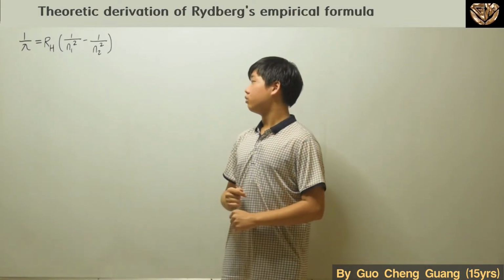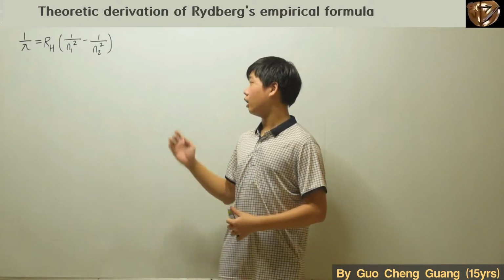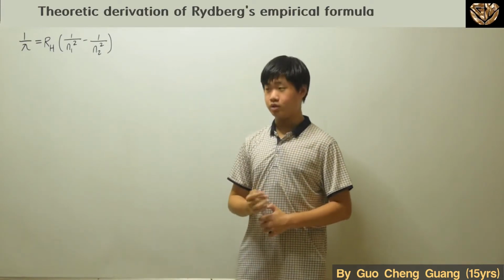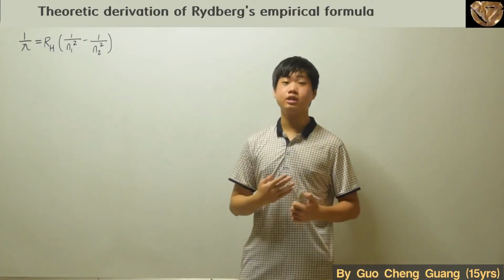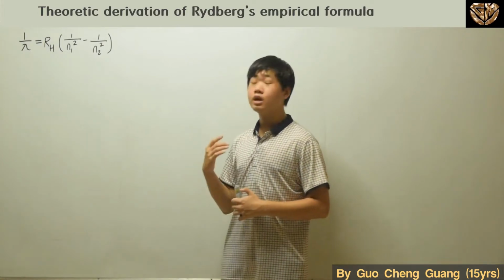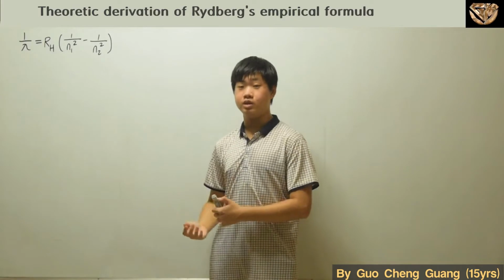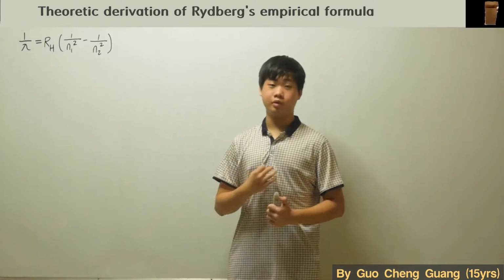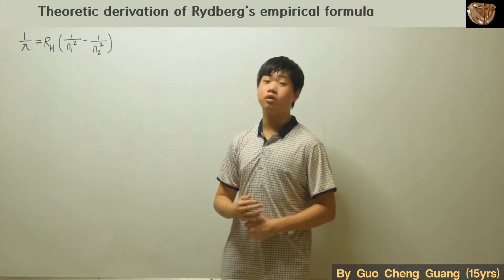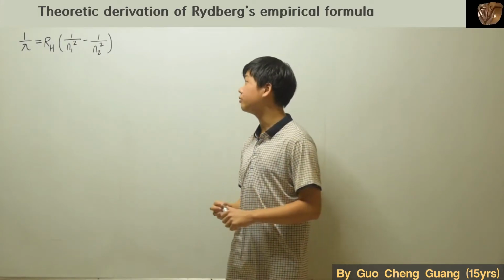We will again be showing how this is derived. Of course, since this is Rydberg's empirical formula, Rydberg at first discovered it by doing experiments, but we will only be theoretically showing how you can get this formula, alright?